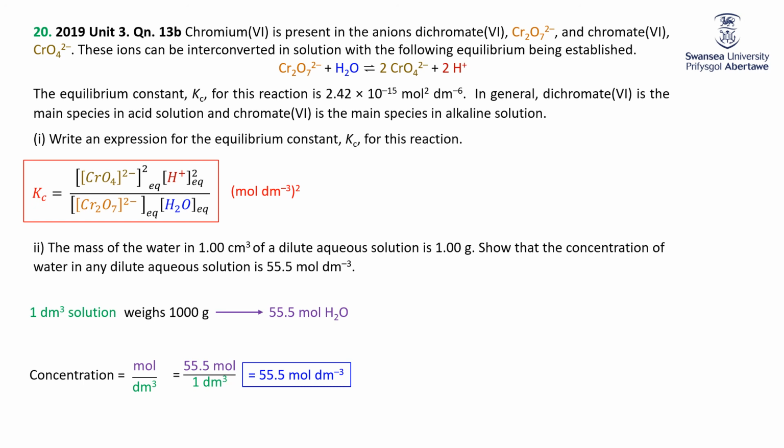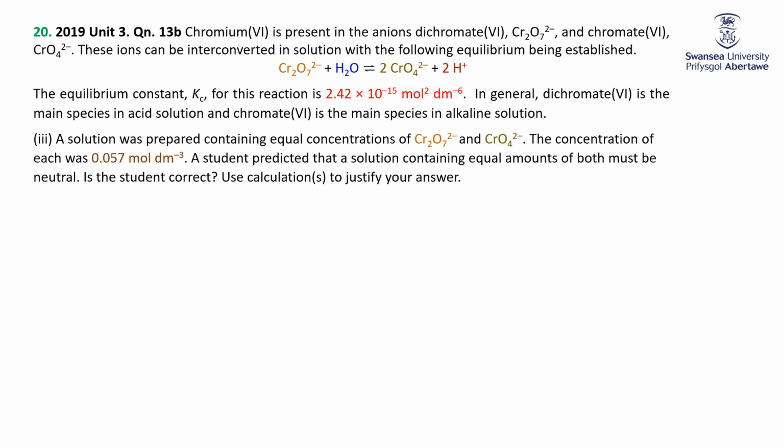55.5555555, etc. So, a solution prepared containing equal concentrations of the dichromate and the chromate. The concentration of each was 0.057. A student predicted that a solution containing equal amounts of both should be neutral. Is the student correct? Well, we know Kc is that.